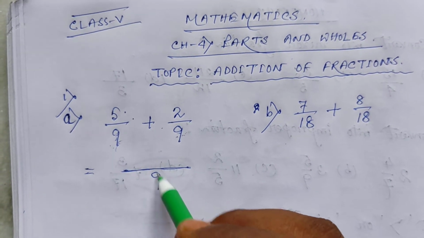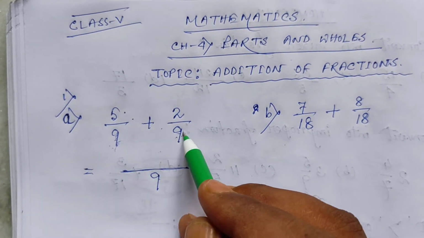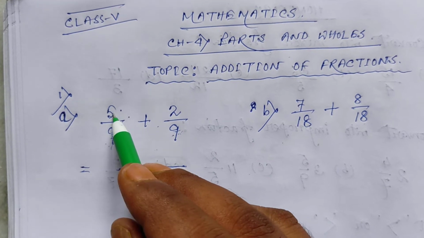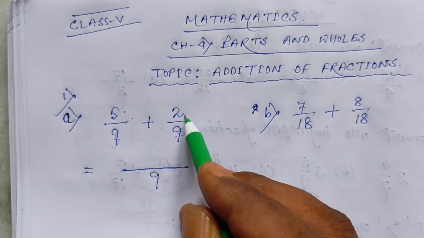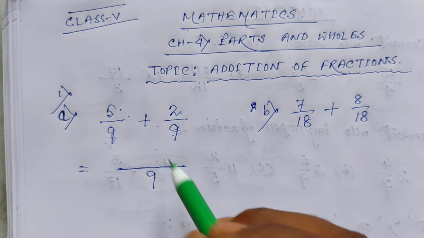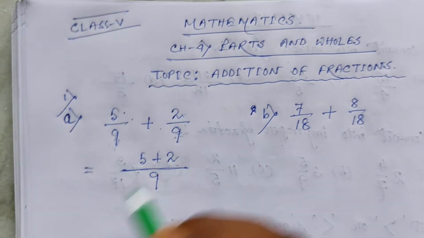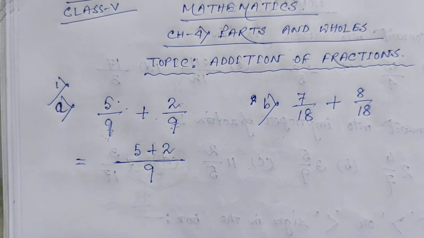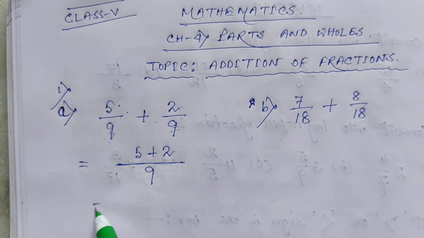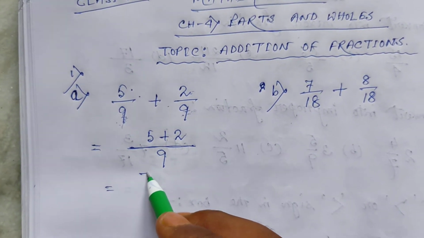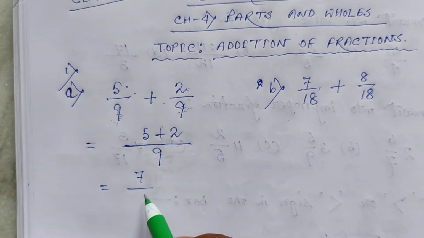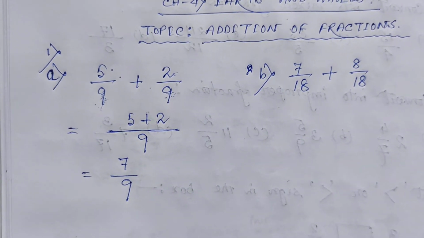Now just write the denominator and add the two numerators. So 5 plus 2. Now what is the result? 5 plus 2 is 7 by 9.